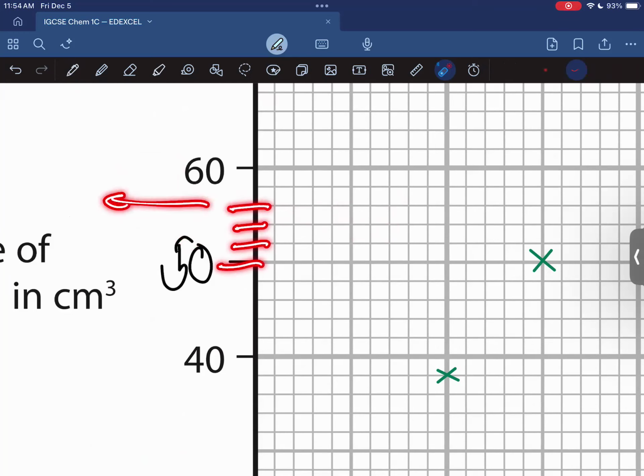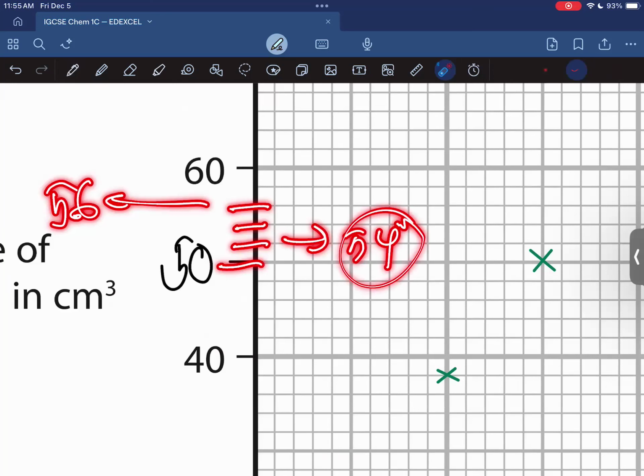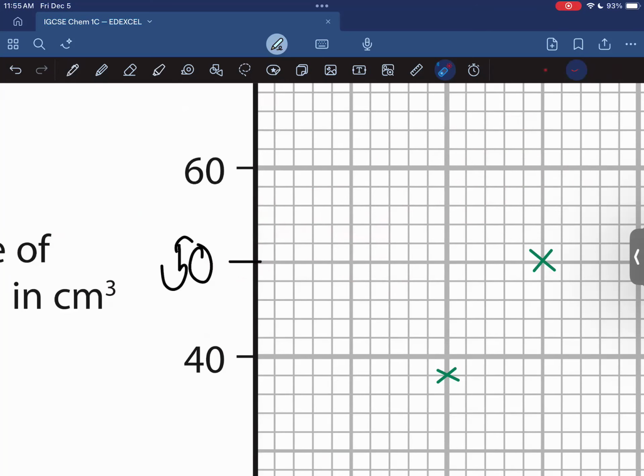Again, 50, 52, 54, 56. Where would 55 lie? 55 lies exactly between these two values, 54 and 56. So this value over here is going to be 55. Let's recheck: 50, 52, 54, 56.